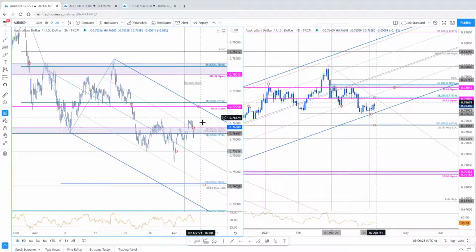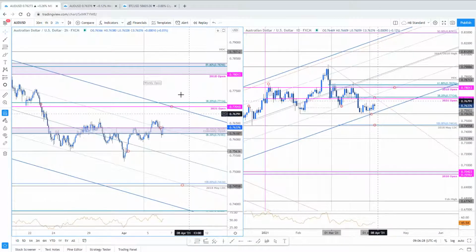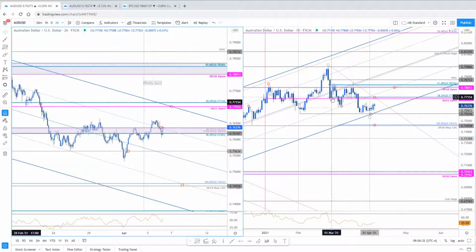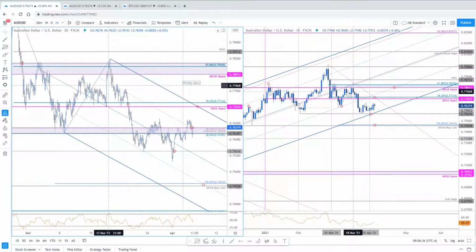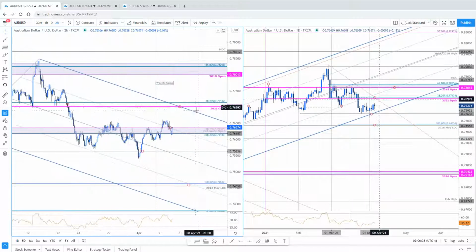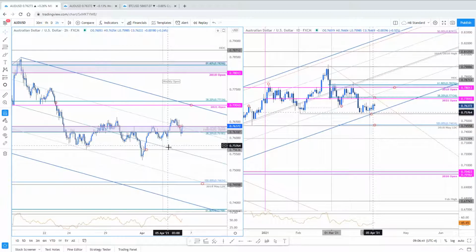So 77 to 77.13, that's the sweet spot. That's also last month's open, downtrend resistance, slope resistance. Now, again, it might not even make it that high, but even, ideal scenario, that's our play.